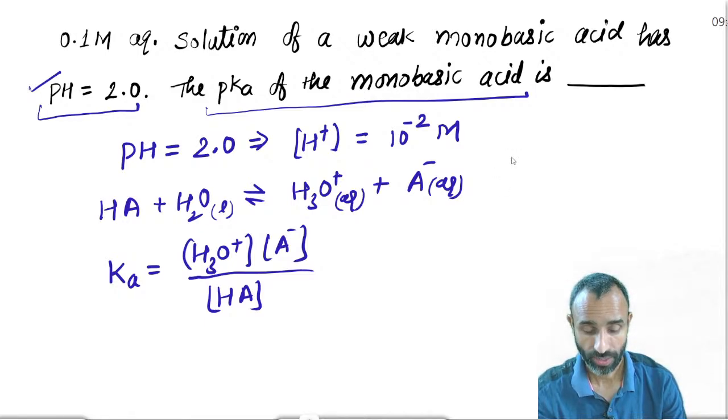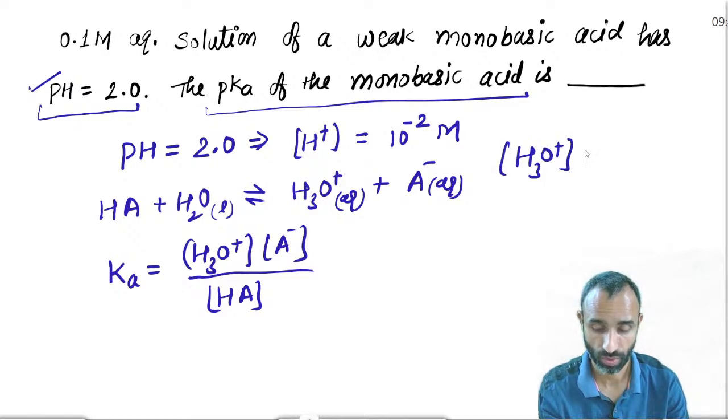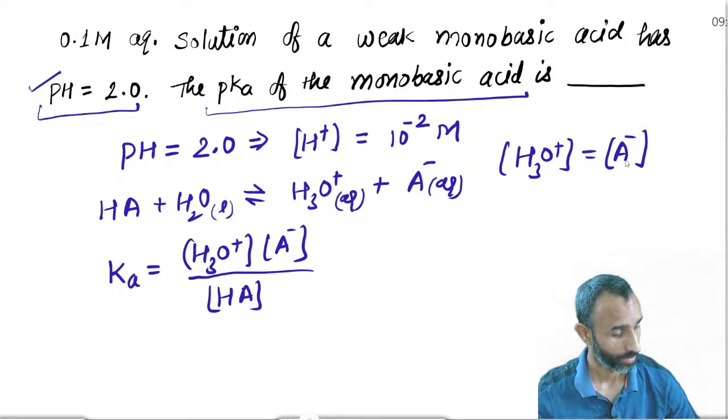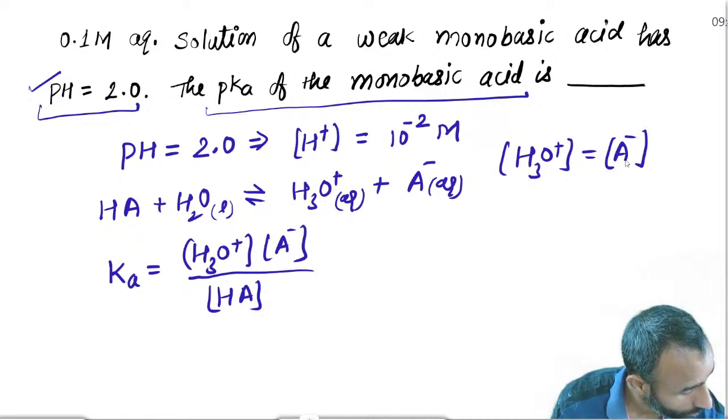So as it is 0.1, H3O plus ion concentration is equal to A negative ion concentration. Just solve it. What is Ka, and then calculate pKa.